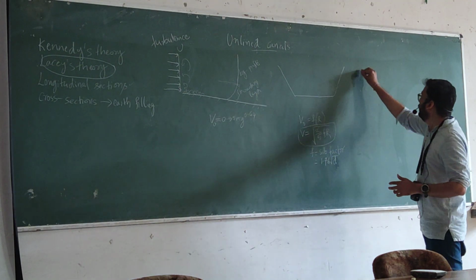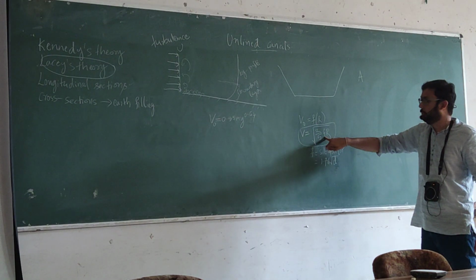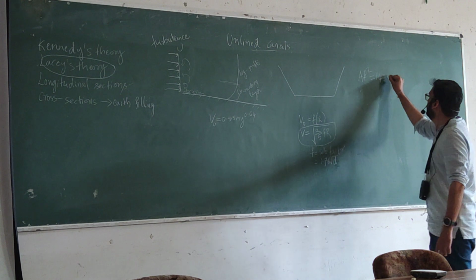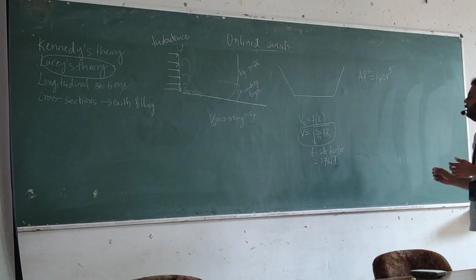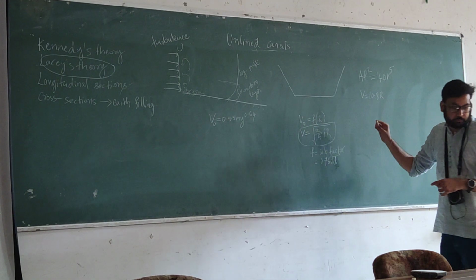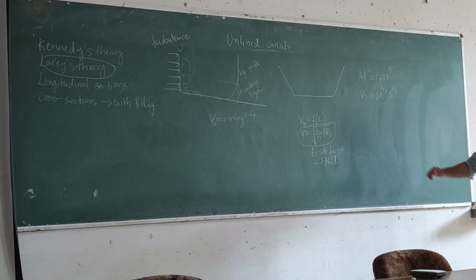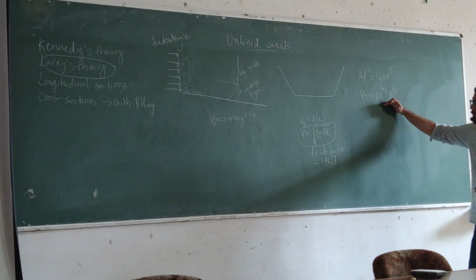And then the other relation he gave is for the area and velocity as a function of F. So this is another empirical equation that Lacey gave for designing the canals. And considering the hydraulic radius and the bed slope, you can also calculate velocity based on this empirical equation.